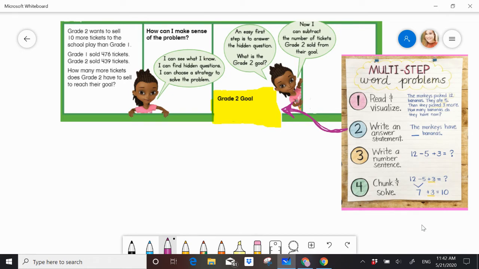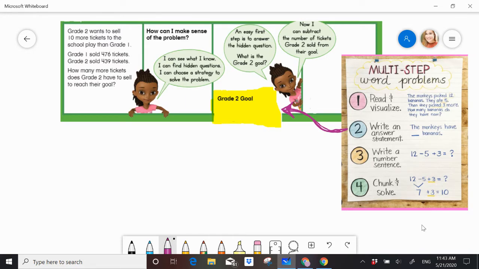I can say, I need to figure out this. And one step to doing that is to figure out the steps in the process. Then you're going to write your number sentences. So you're going to figure out what you need to do, make sense of the problem, and then persevere in solving it. Chunk and solve as your last step.